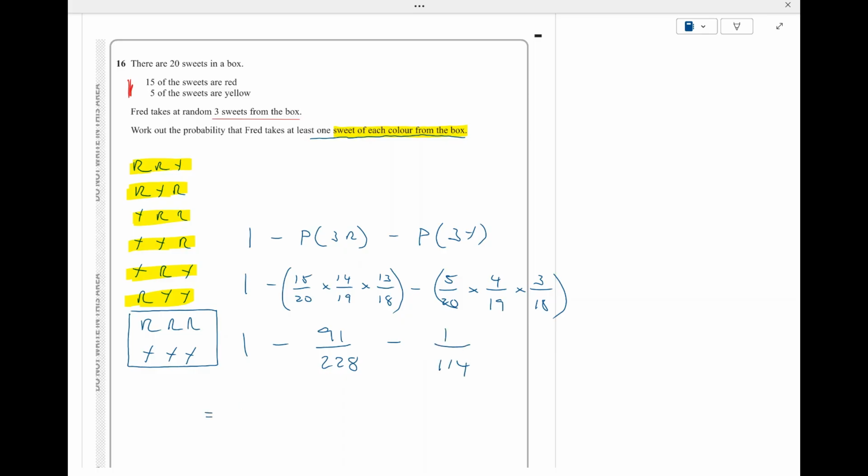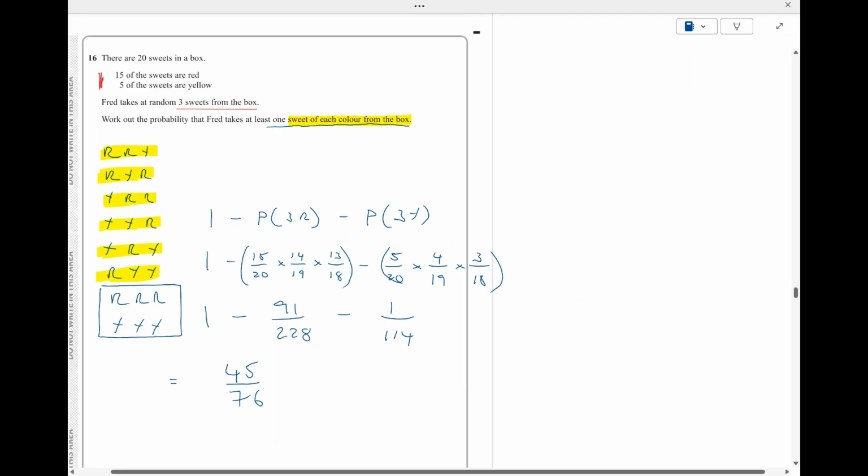So on my calculator now, 1 minus 91 over 228 minus 1 over 114 gives me an answer of 45 over 76. And that is how I would do question 16.